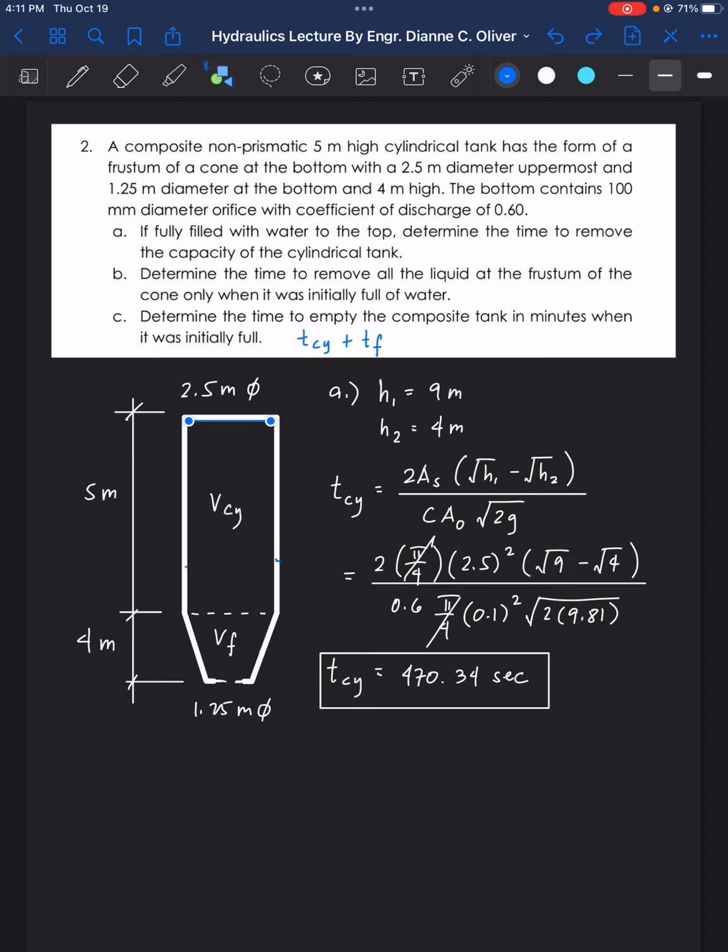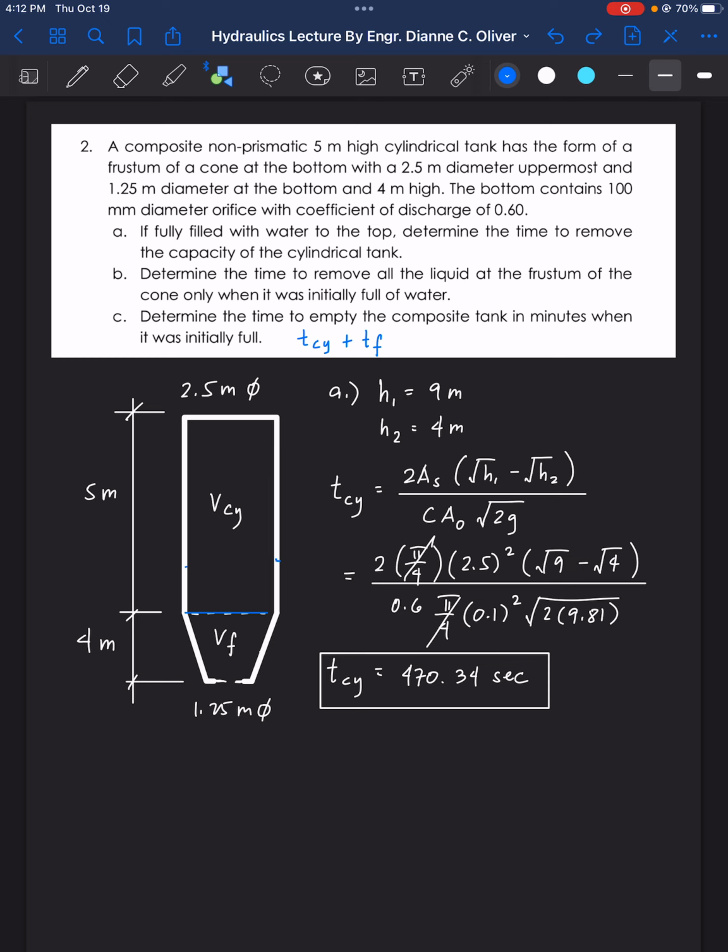First we remove the liquid or the water from the cylinder, from this initial location from 9 meters high down to 4 meters high. So this is our TCY. So we got the time and that is TCY.